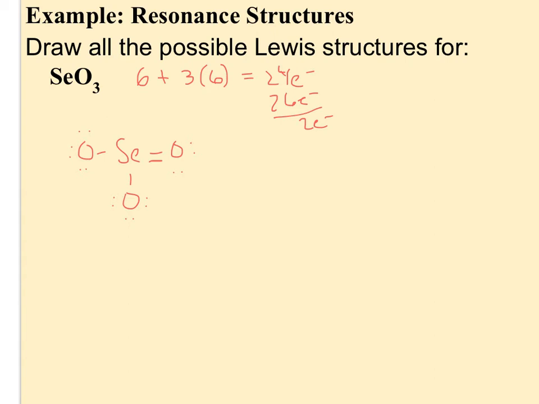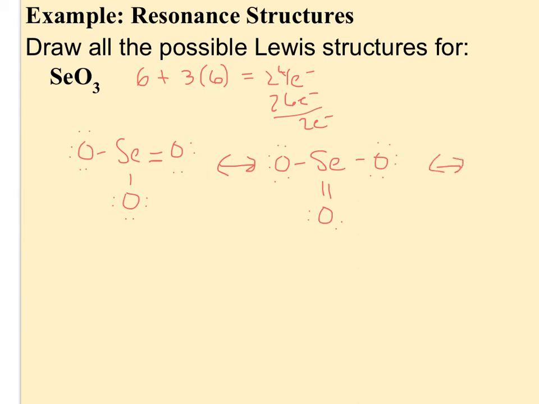Now the question is, why did the double bond go between this oxygen and selenium? Why didn't it go with one of the other oxygen? The answer is it could have gone to any of them. So this would be more correct if I drew the other possible structures. This could just as easily be Se double bonded to this oxygen and single bonded to the other 2, and I still need to draw in my lone pairs.